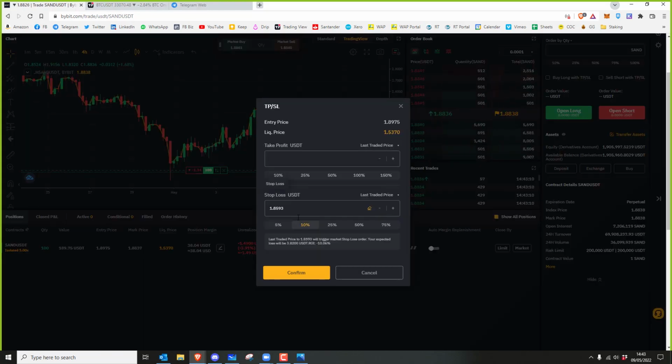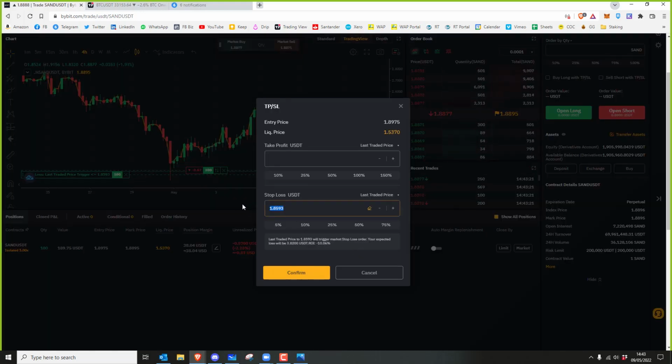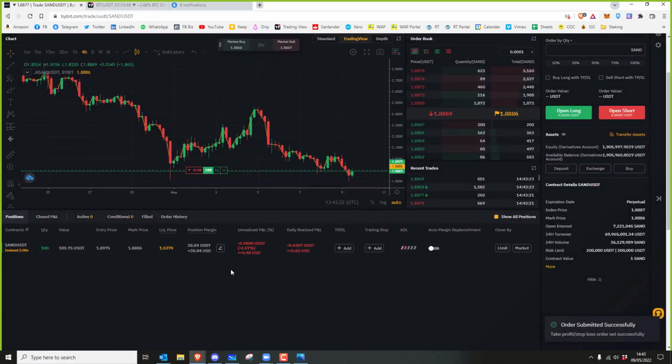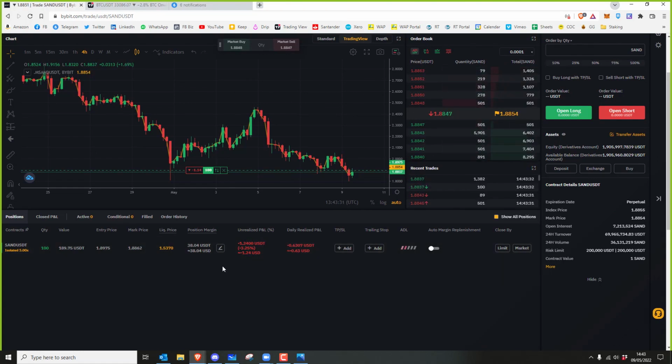I don't know, let's just put 1.85. There we go, just any random one. So the stop loss is 1.85, but the liquidation price is where, if the price were to go down there, and let's say you had no stop, if the market price suddenly went down to 1.5370, you'd have what's called a margin call, and your account would just close the trade automatically, whether you have a stop loss or not.